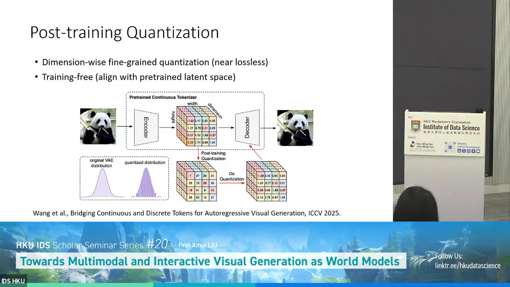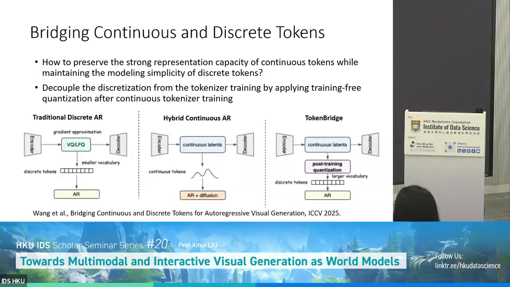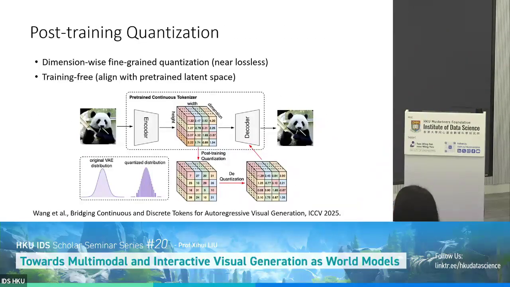And because we can define the granularity of quantization and the vocabulary of this quantization, in principle, we can have very fine-grained granularity for quantization, and we can minimize the information loss during the quantization.